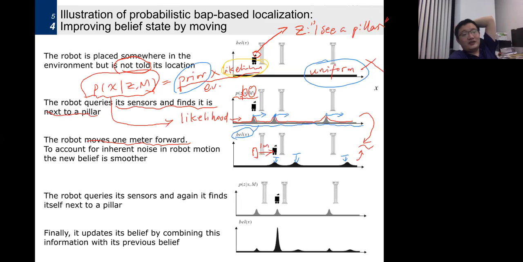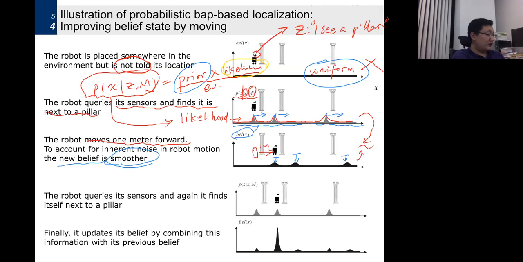This process is nothing else than a convolution with Gaussian noise if the motion model is Gaussian. We will discuss it later. To account for the inherent noise in robot motion, the new belief is smoother, meaning the peaks drop.